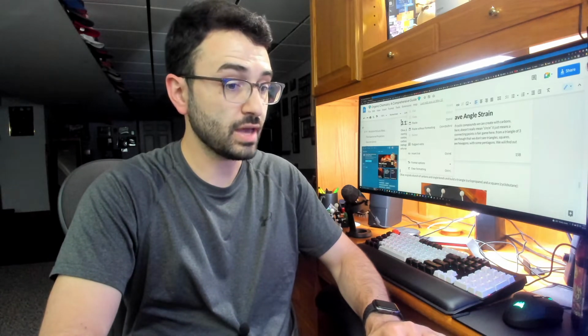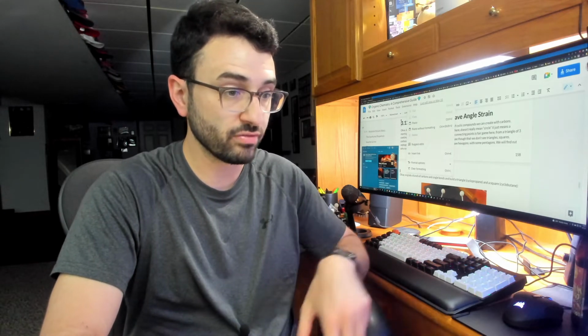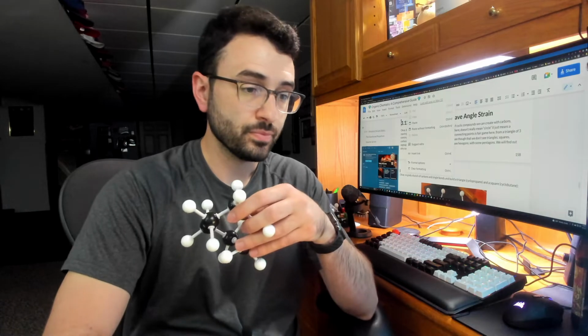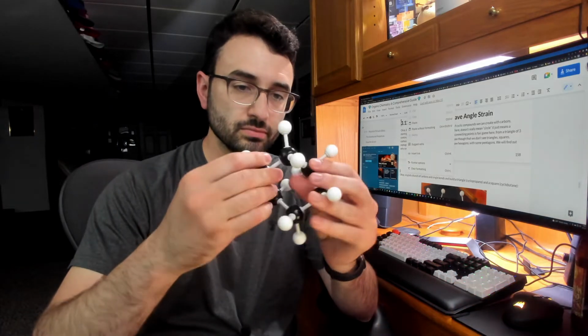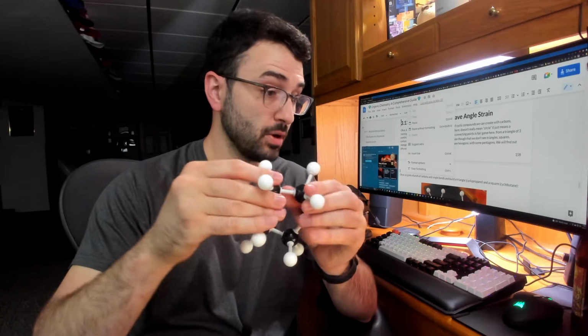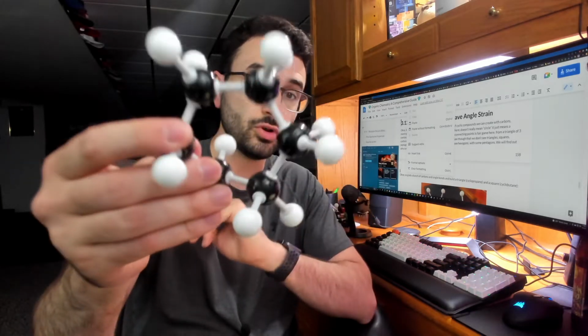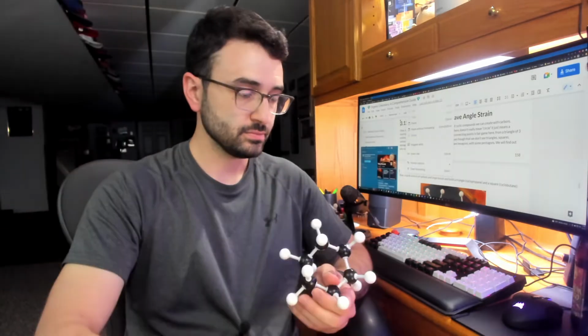The internal angles of a hexagon are actually 120, which is more than that 109.5. And you can see that when we look at this, there's almost no strain at all. This is almost a perfect molecule because there's almost no strain on these sigma bonds here.